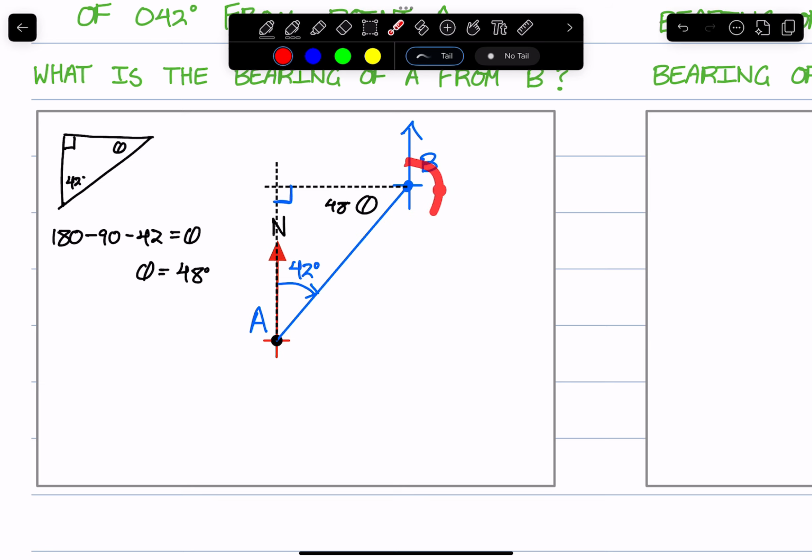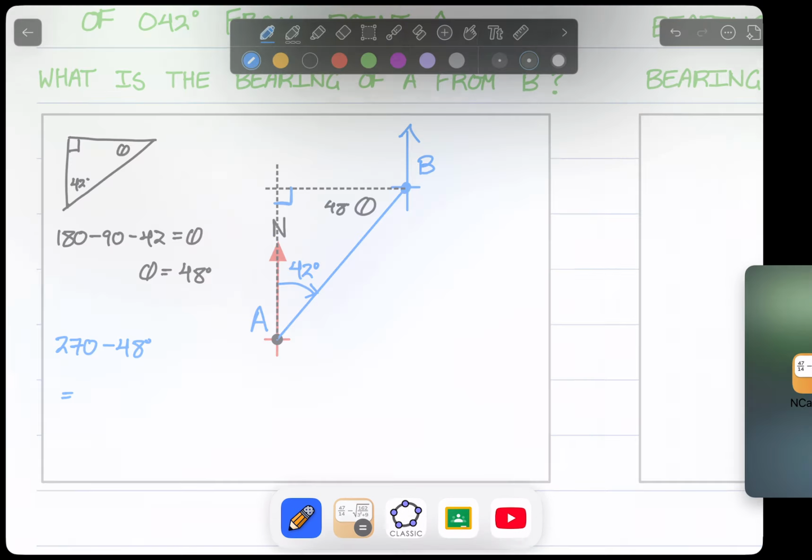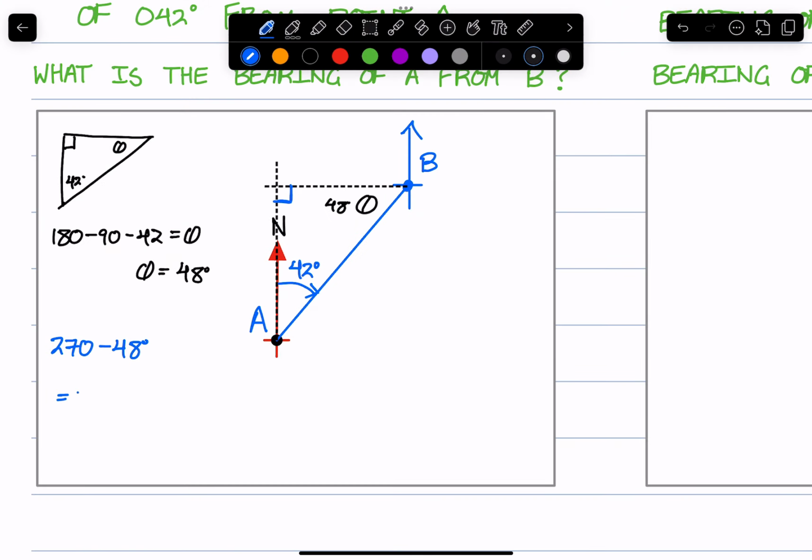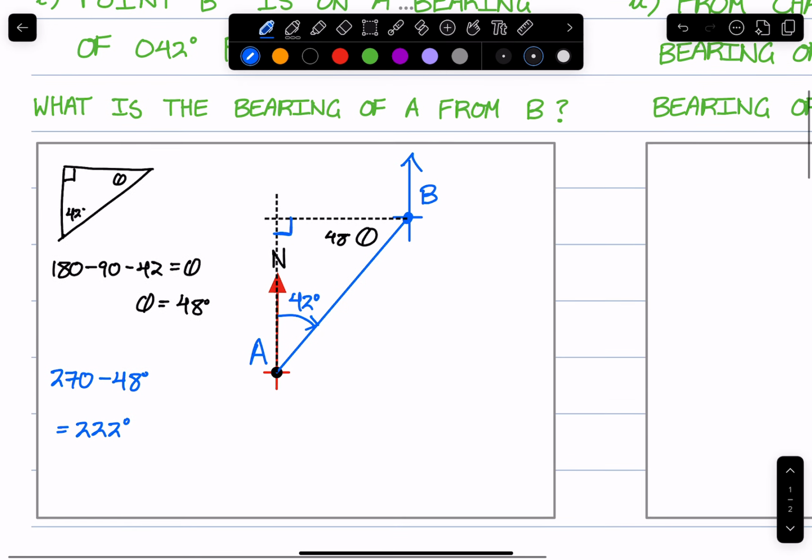Since this is 270 degrees, we can find the compass bearing 270 minus 48 degrees. That will get us the true bearing we're looking for. So that would be 270 minus 48 degrees. That is 222. So that is the true bearing.